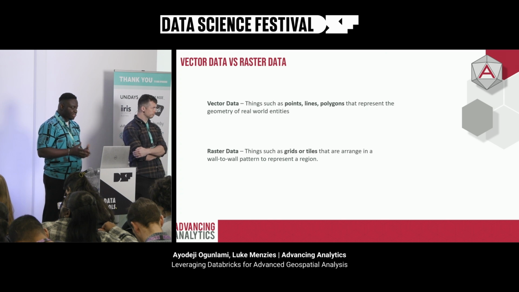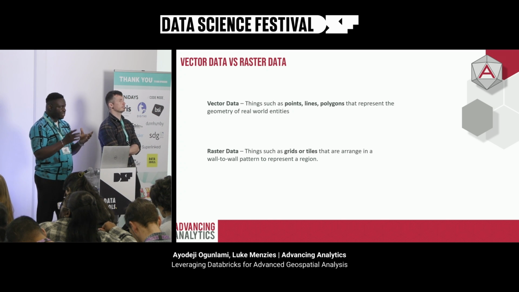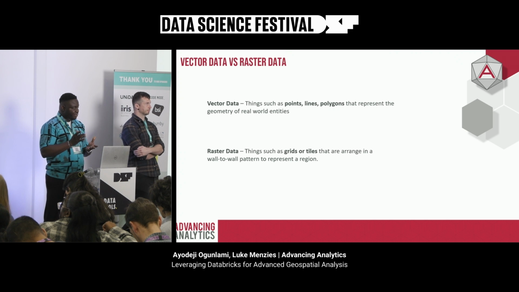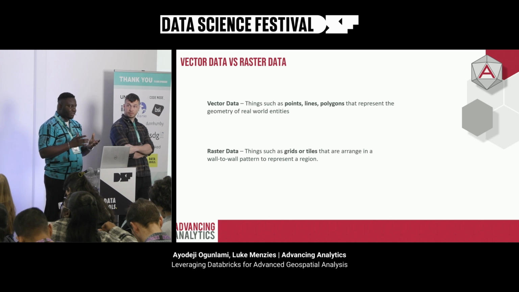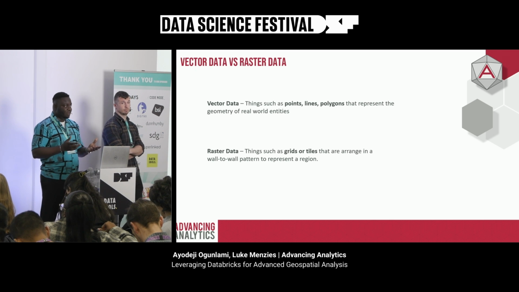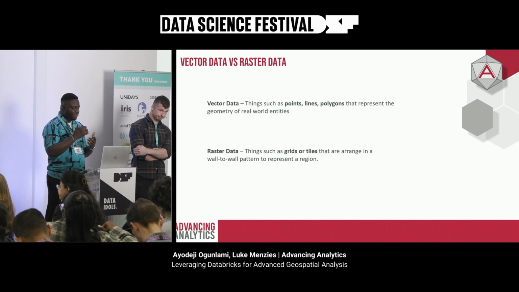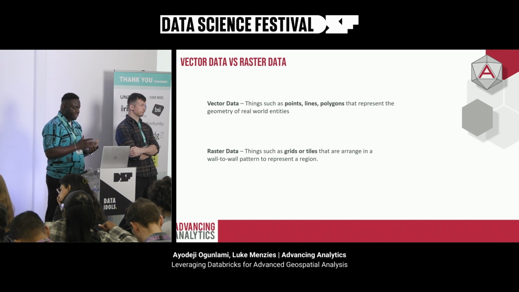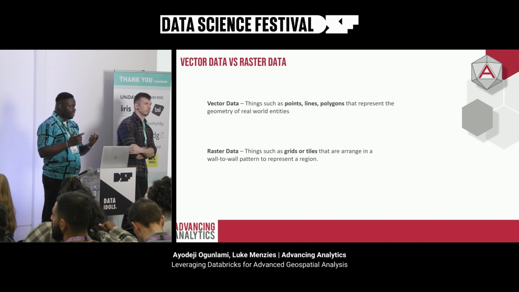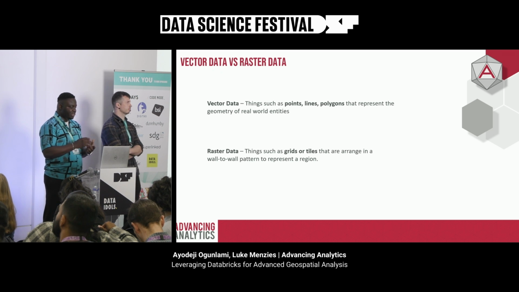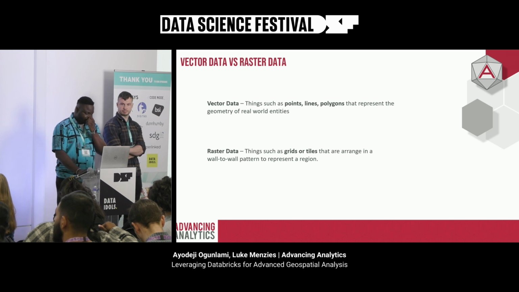And we have raster data sets, which are the grids and tiles. They are arranged in a wall-to-wall pattern to represent regions. I know most of us are used to using Google Maps, so we would have seen some of these being shown there. Lines can be used to represent roads, for instance. Polygons can be used to represent buildings. Yeah, these are used on maps.